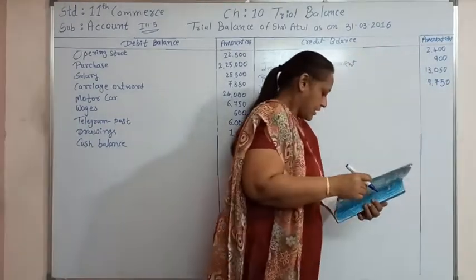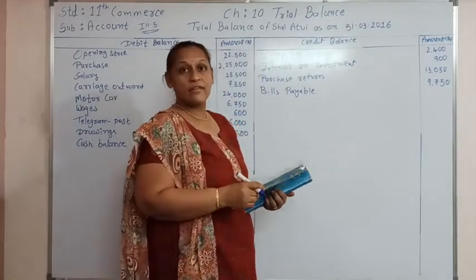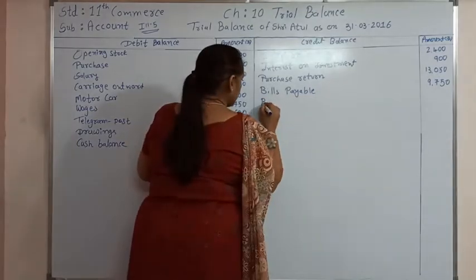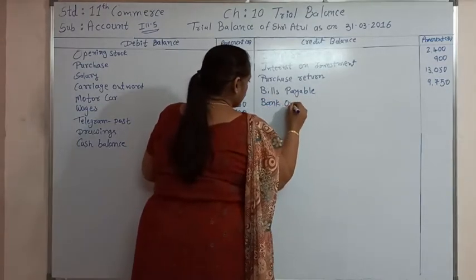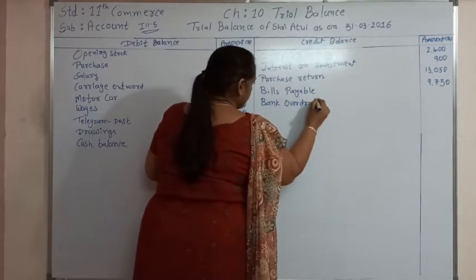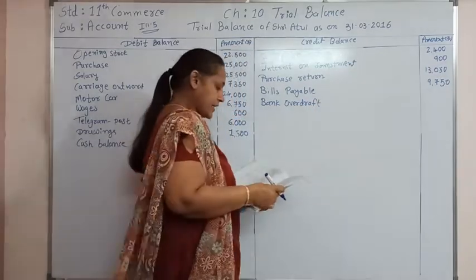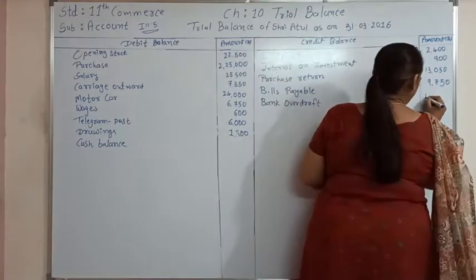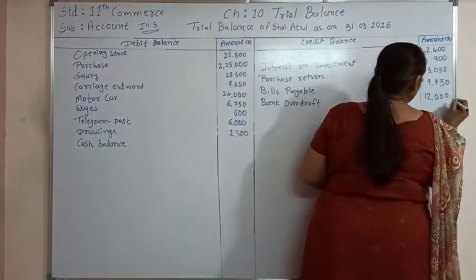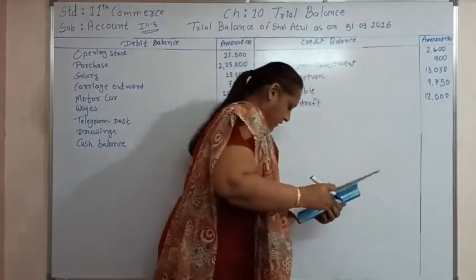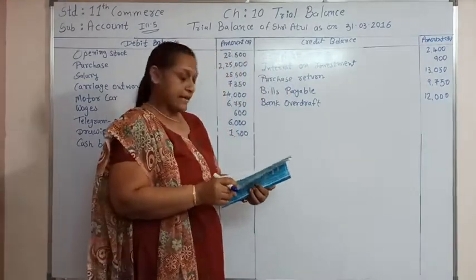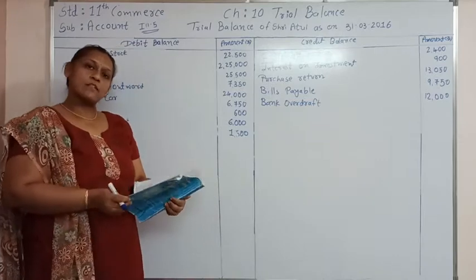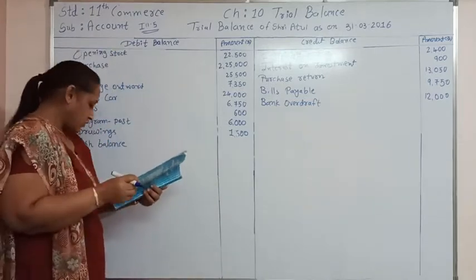After bills payable, another account is bank overdraft, and bank overdraft is our liability. And it has the balance of rupees 12,000. After bank overdraft, another account is a sundry expense account, and sundry expense is an expense, and an expense has a debit balance, so we will write it on the debit side.